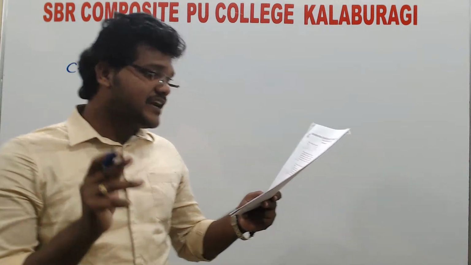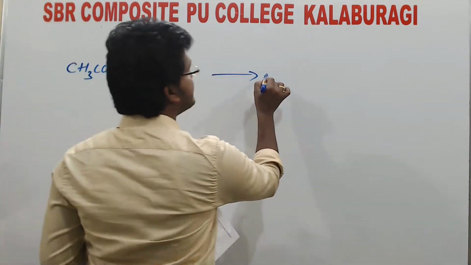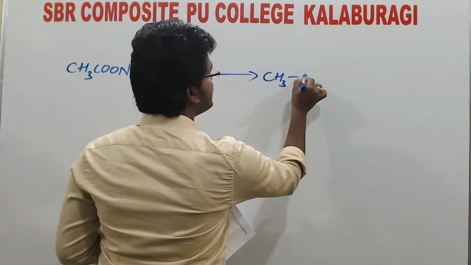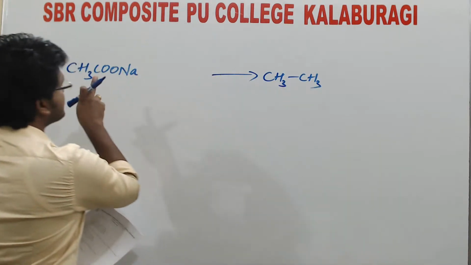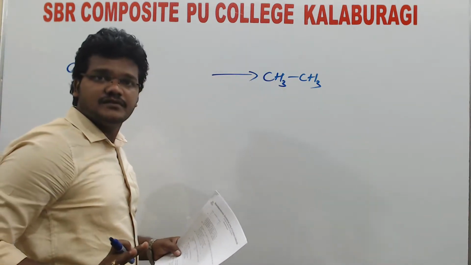Ethane means CH3CH3. So I have to convert this sodium salt of carboxylic acid into alkane.